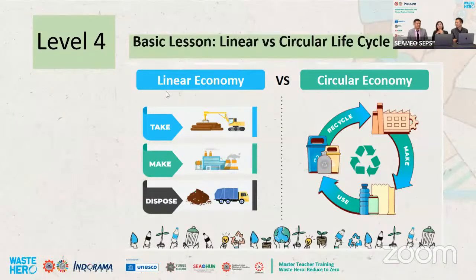And then we want to move that to a circular economy, where we make it, we use it, and we recycle it, and we use the recycled material to produce new things again. So it becomes a circle. So we are going to reduce waste, or maybe we can create zero waste in the future too. Yeah. Hopefully, right? So the next one.